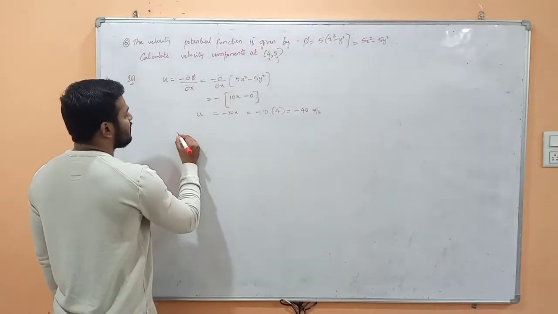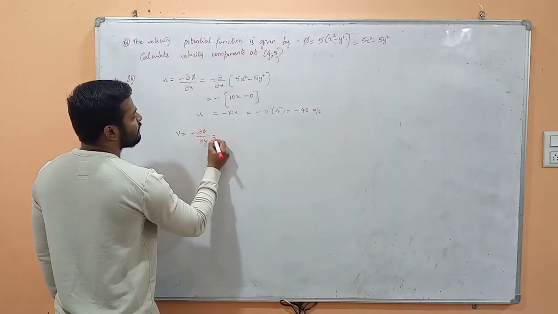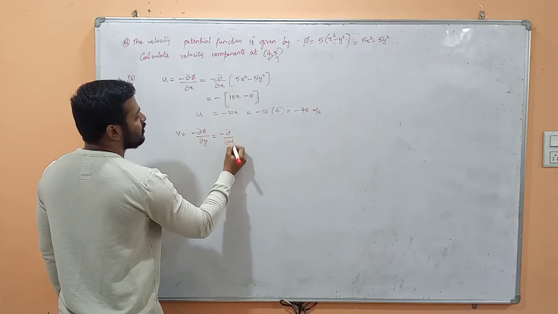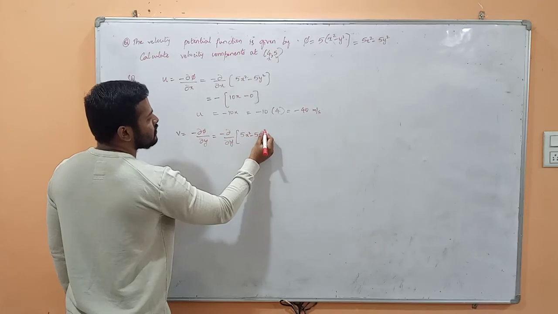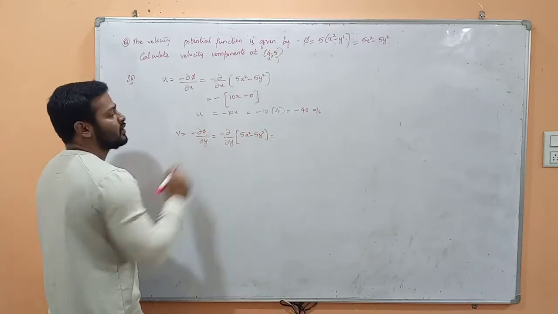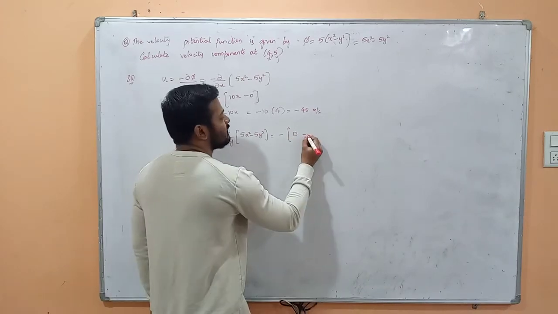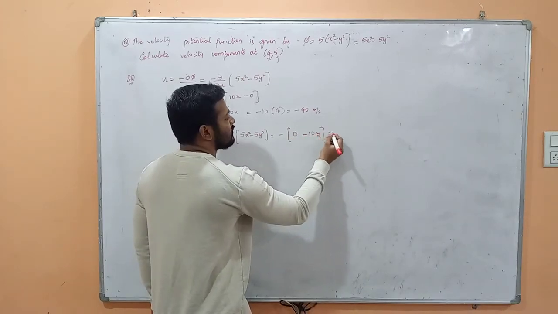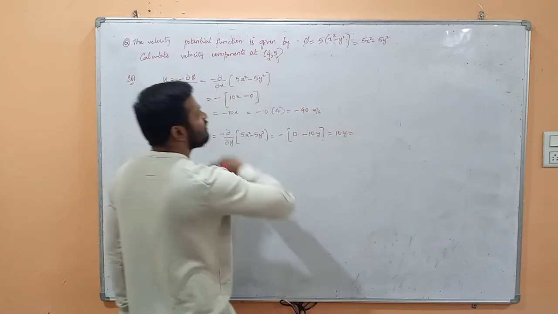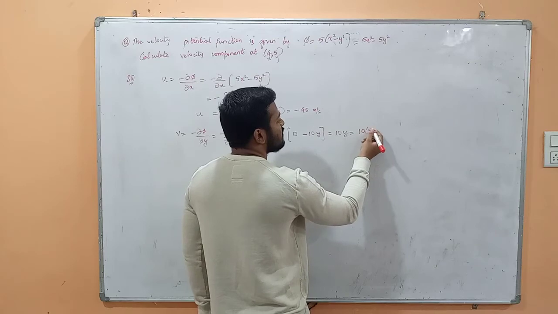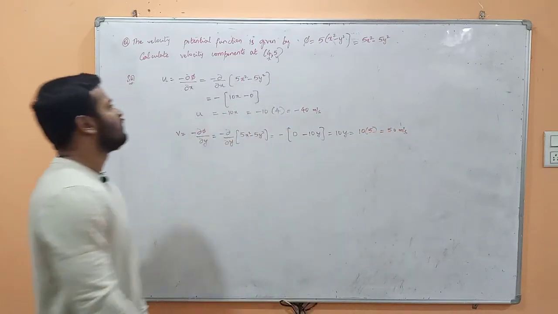Similarly, you have to find out velocity in y direction. v is equal to minus ∂phi/∂y, so minus ∂/∂y of 5x square minus 5y square. Differentiating with respect to y, this will become 0 and this will become minus 10y. So minus into minus gives plus 10y. The y value is 5, so 10 into 5, 50 meters per second. Okay, that's it.